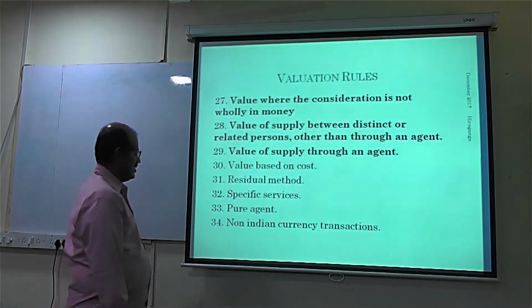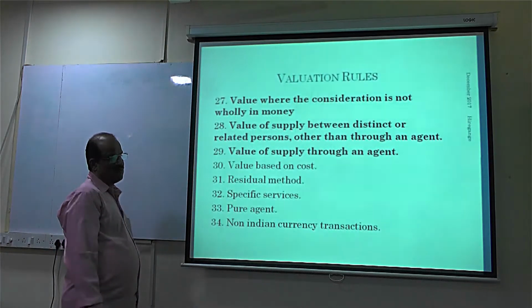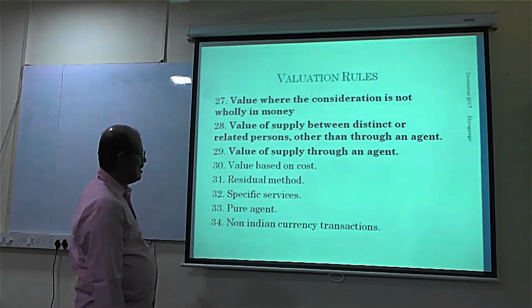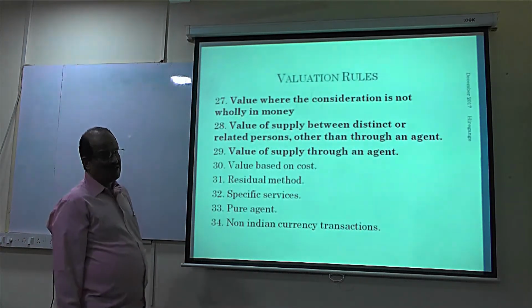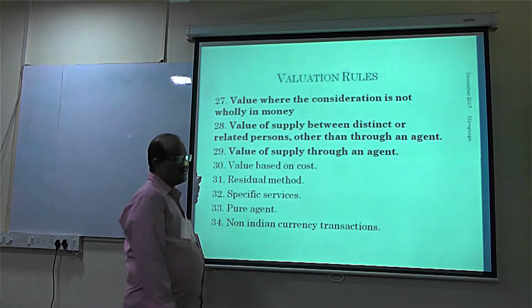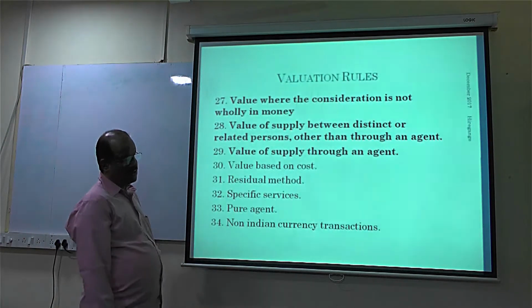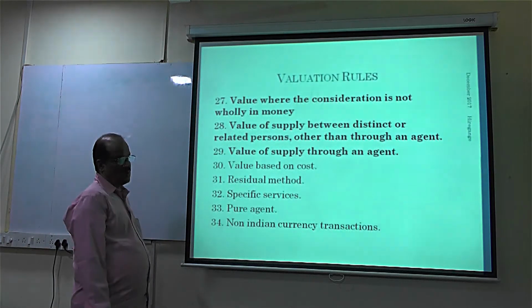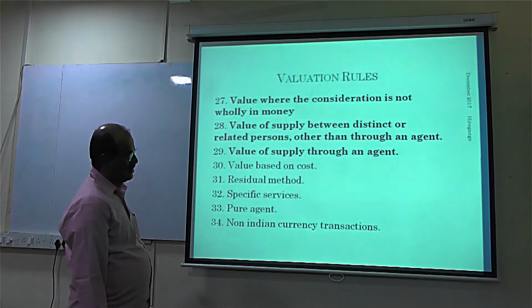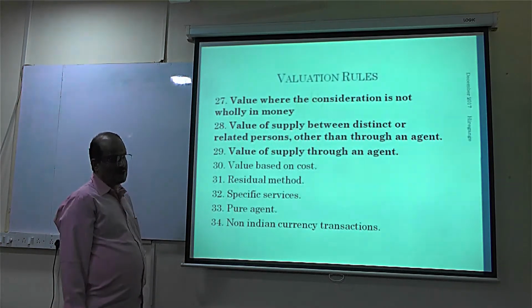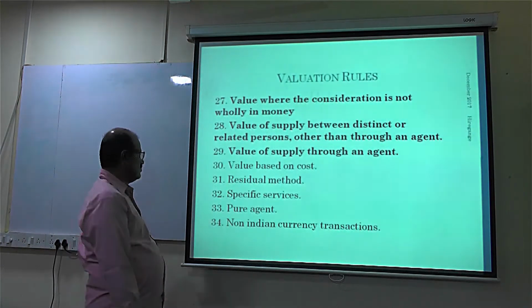And this rule provides that value will be determined on the basis of cost of production or cost of acquisition or provision of service. Rule 31 deals with residual method of determination of value when the open market value, supply of goods of like kind and quality, and value based on cost fail to give the value.